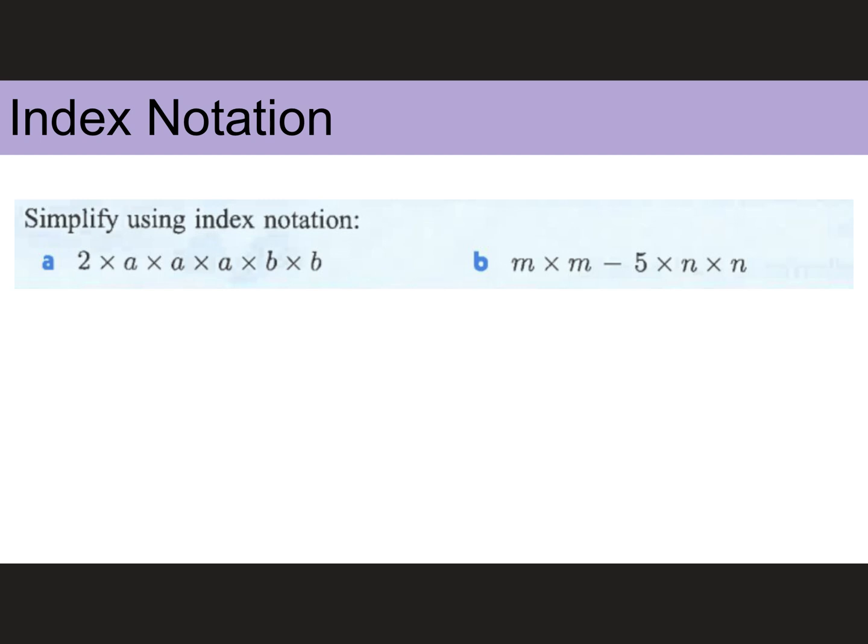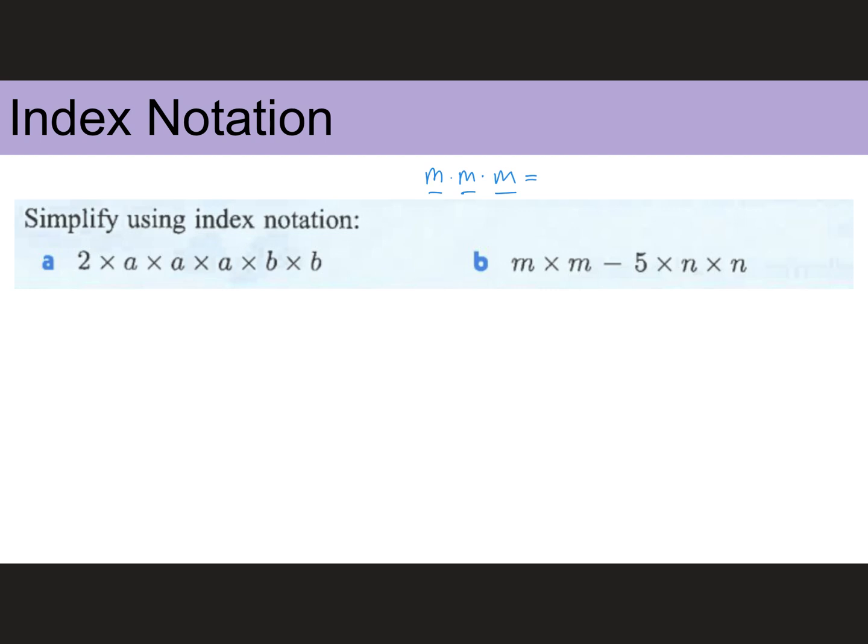Okay, last one. Simplify using index notation. So if I have letters, let's just say I have m times m times m. How many m's are being multiplied together here? Well, I have 1, 2, 3.